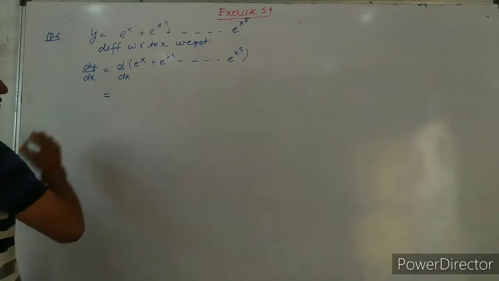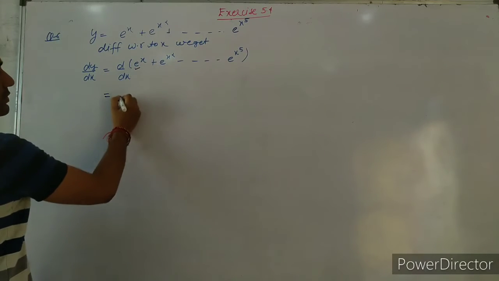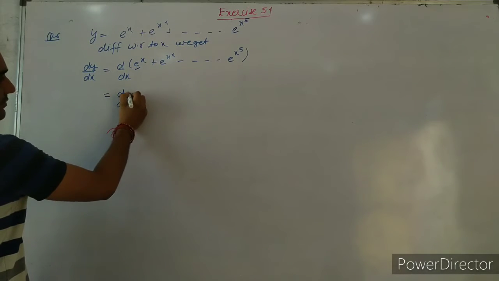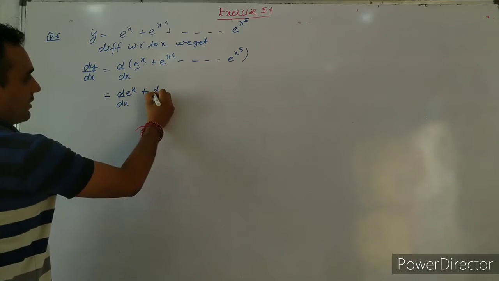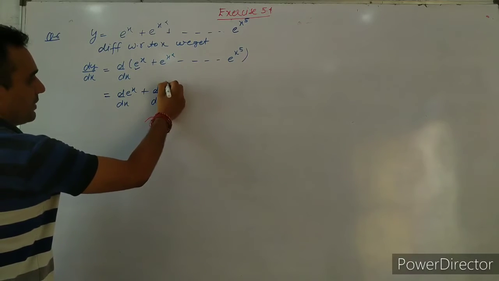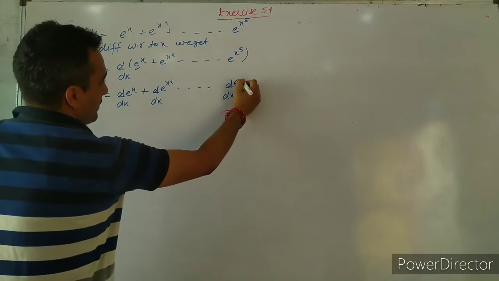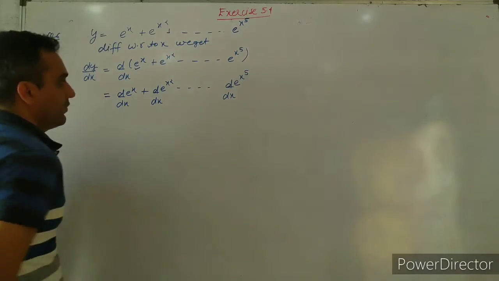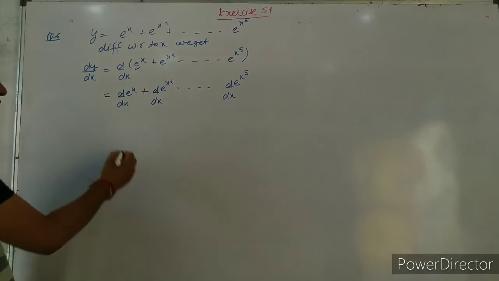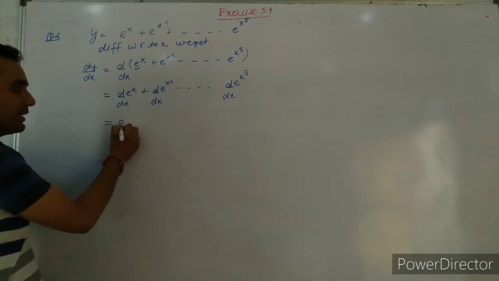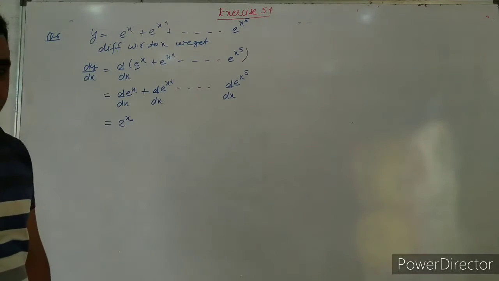Now differentiating this whole series, differentiating e to the power x plus differentiating e to the power x square, up to differentiating e to the power x to the power 5. Differentiation of e to the power x will give me e to the power x.